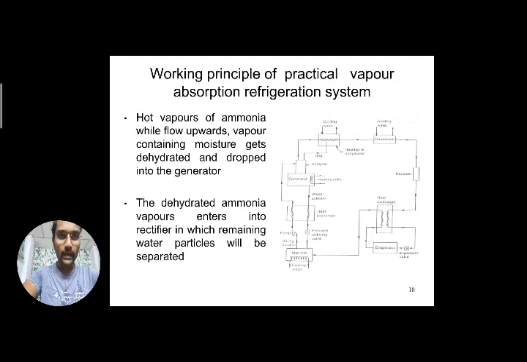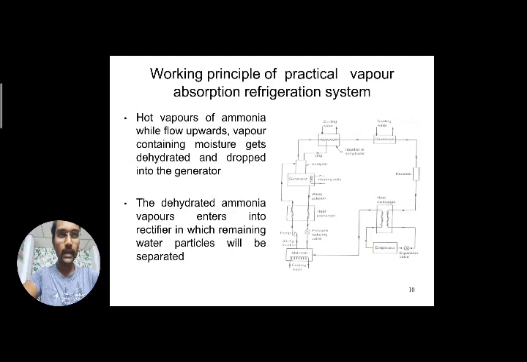The dehydrated ammonia vapors enter into the rectifier here. Next you see the circuit that is entering at the top, at the side of the rectifier. A rectifier, or dehydrator, is also a simple case. If you observe, it acts just like a heat exchanger. Further, the remaining water vapor which is present in the ammonia vapor gets condensed in the rectifier, or dehydrated.